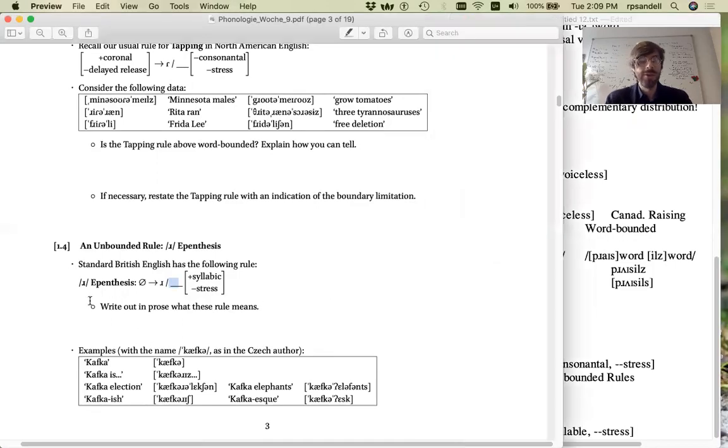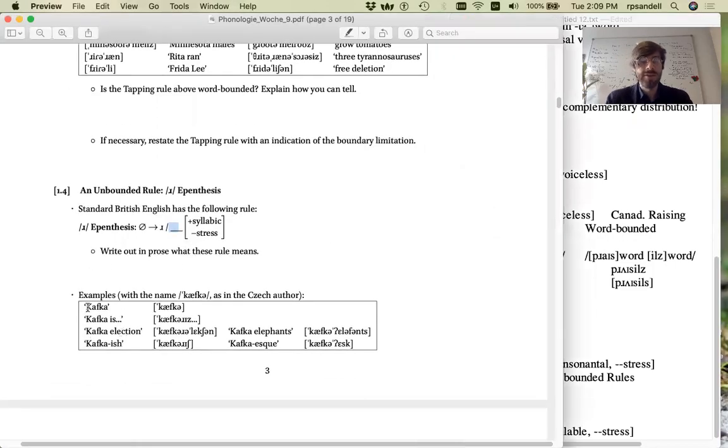And the examples, which have been invented here using the name Kafka, as it is usually pronounced in English, the name of the author, Franz Kafka, show us that this process can easily apply wherever there's some other word following. So, for instance, if we take the name alone, pronounced in isolation, we simply have Kafka.